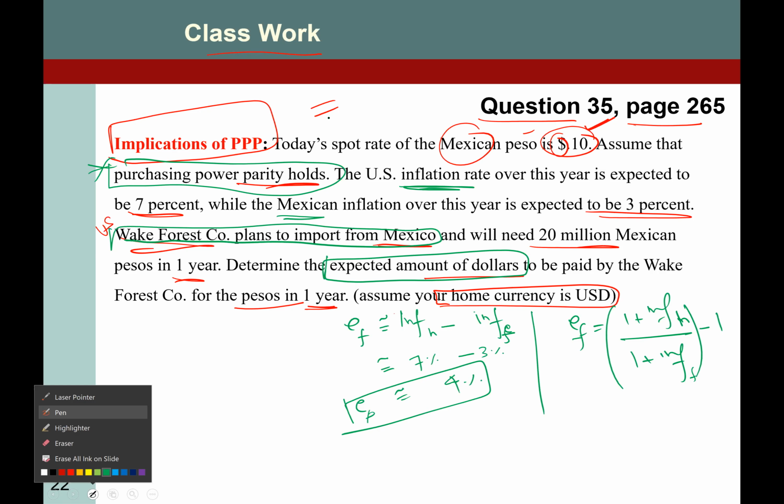Okay, everyone, please write down your name and your student ID and share the pictures of the solution in the group. Michael already gave us the answer, isn't it? 20,800,000.